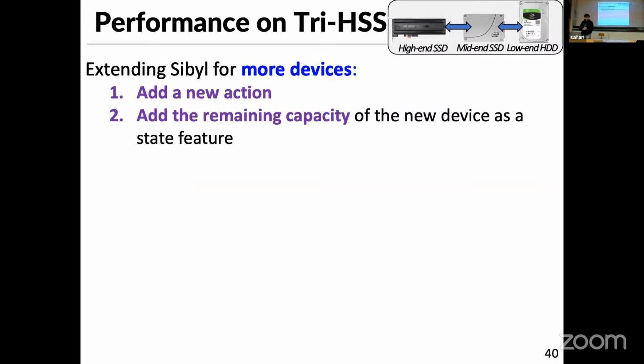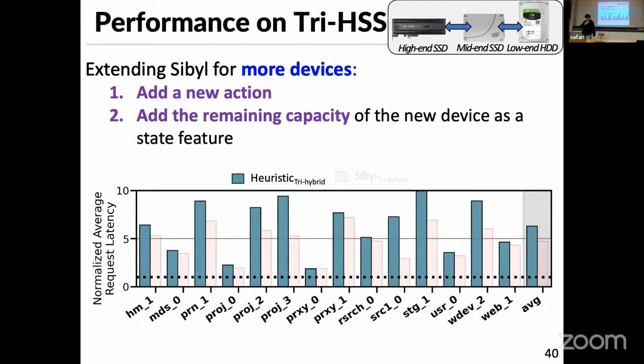As for the performance on tri-HSS, a notable thing about Cibil is if you extend it to more devices, all you need to do is add a new action, and then also add a certain feature in the state, which is the remaining capacity of the newly added device. So just minor changes to the Cibil implementation.